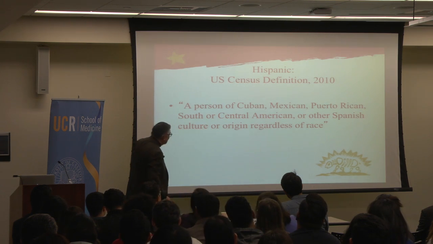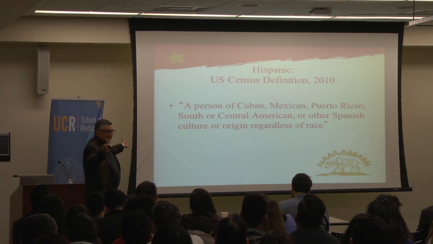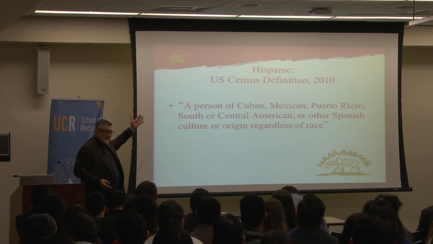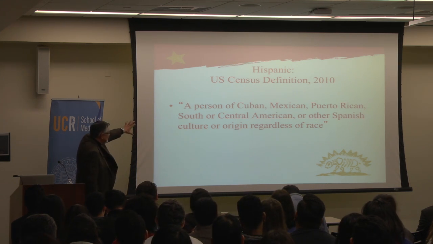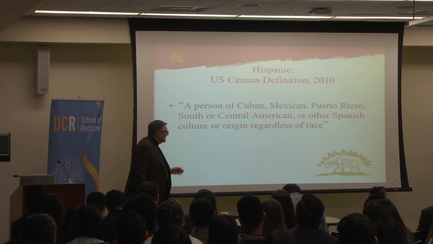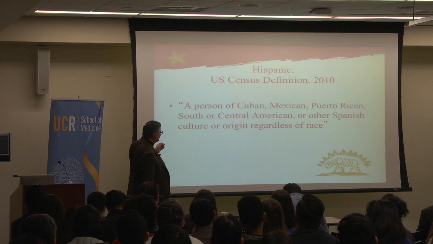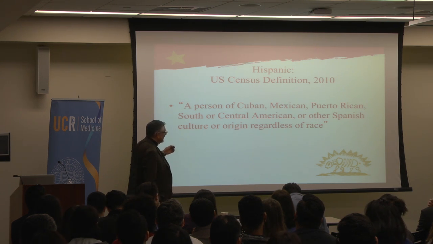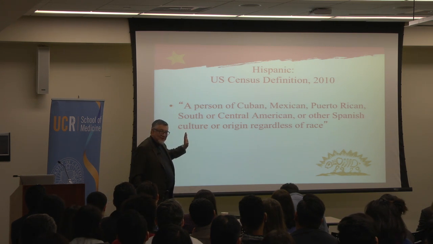Okay. Well, things haven't gotten a whole bunch better, only now you get to pick what it is. So here's a 2010 definition. Hispanic: a person of Cuban, Mexican, Puerto Rican, South or Central American, or other Spanish culture or origin, regardless of race. Think you're going to do a randomized clinical trial.